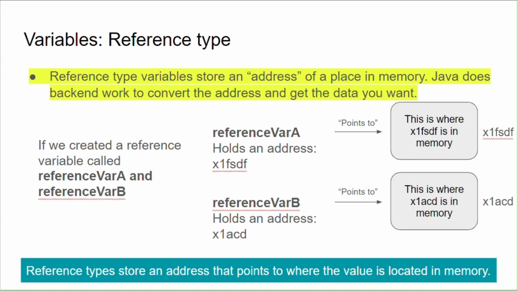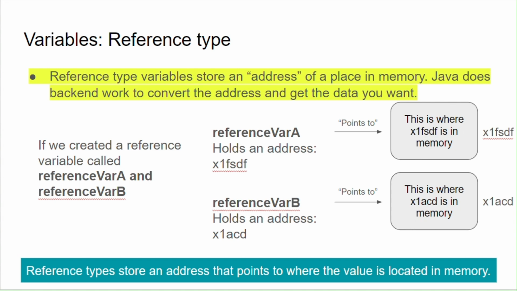Another thing you will hear in the programming world is that reference var A points to this x1fsd, which is a place in memory. So the variable holds where in memory the data is stored, which also is saying that that variable points to that memory spot. Just different ways to describe what's going on.